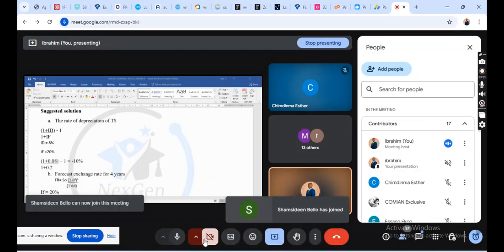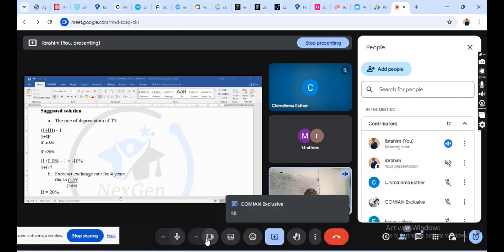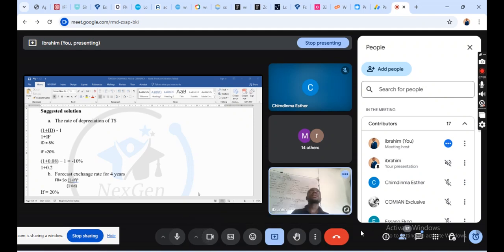Class, you calculated, I think that is what this lady is trying to prove. Now, you calculated the depreciation of minus 10%, right? What does that mean?